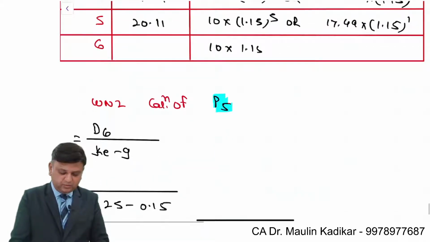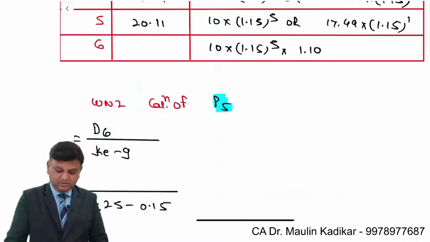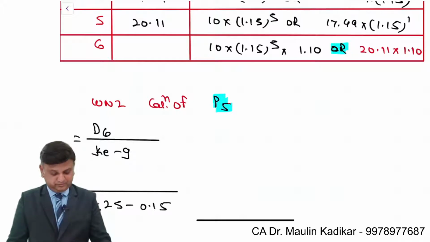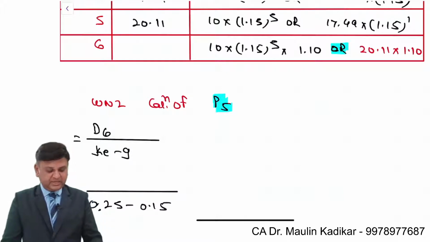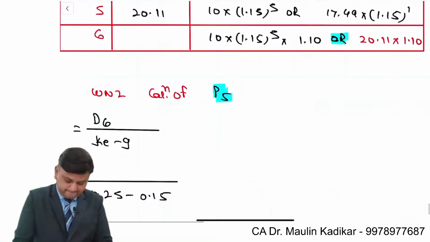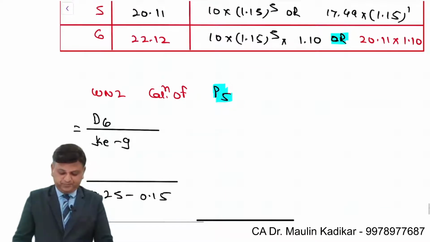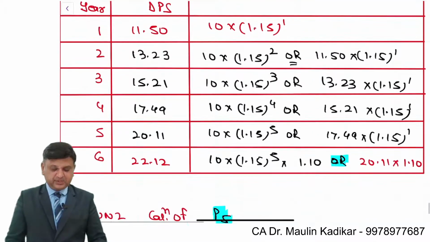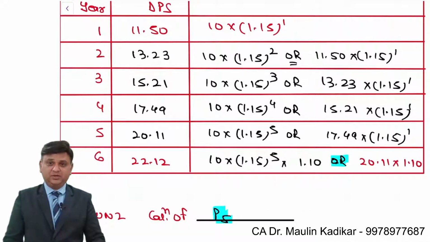Then 10 into 1.15 raised to 5 into 1.10, or otherwise you can calculate the answer like this as well. 20.11 into 1.10, that comes to 22.12. That is the way dividend per share for year 1 to year 6 will be calculated.